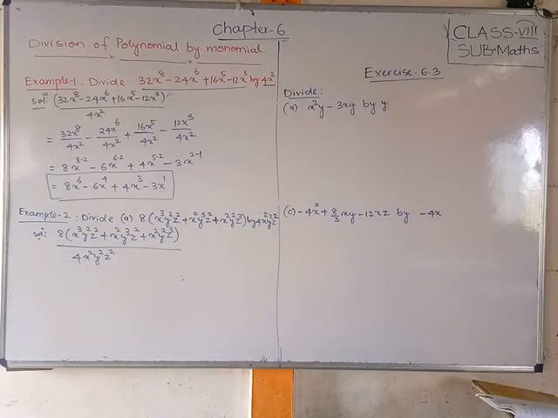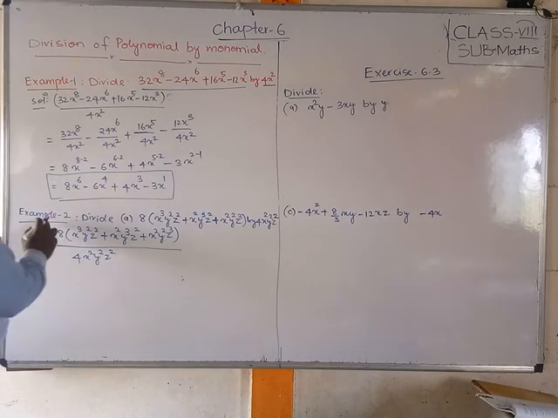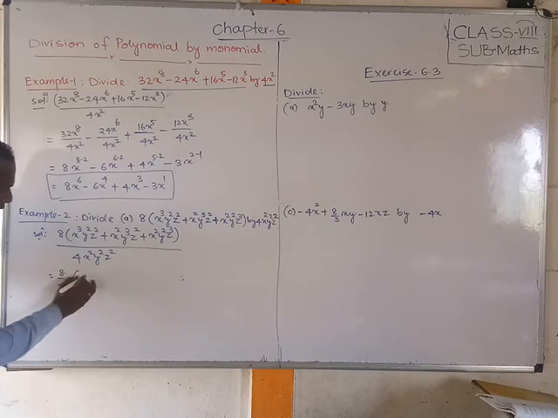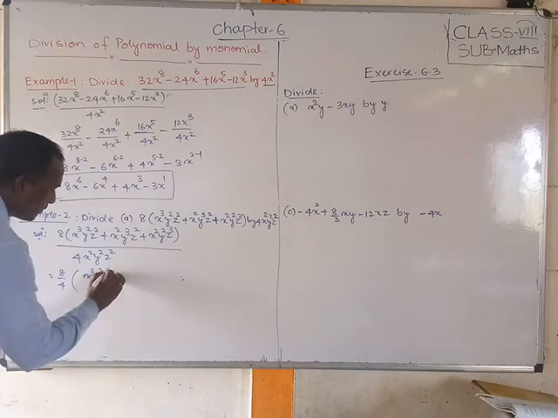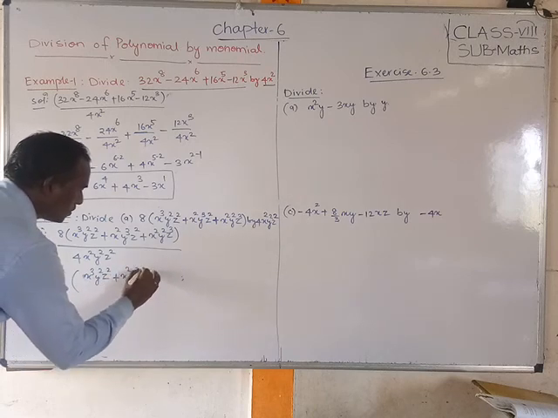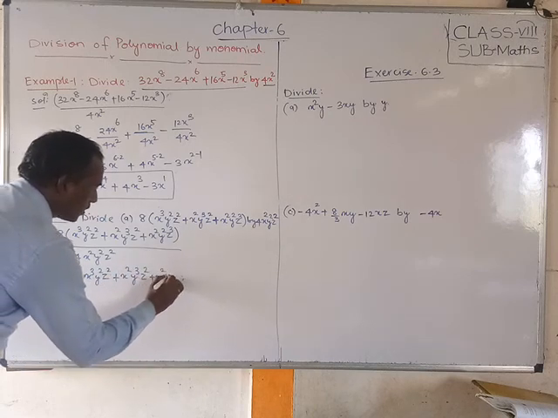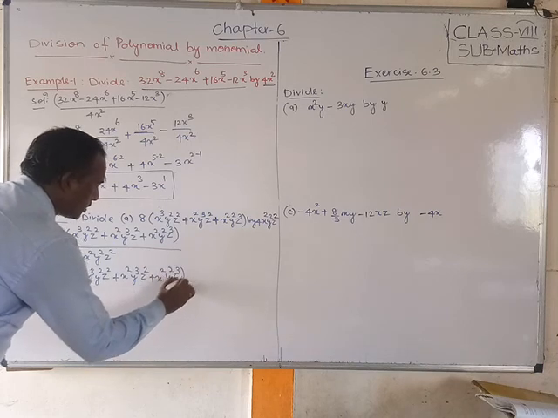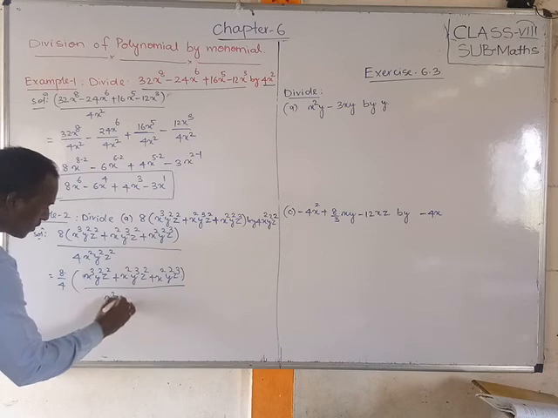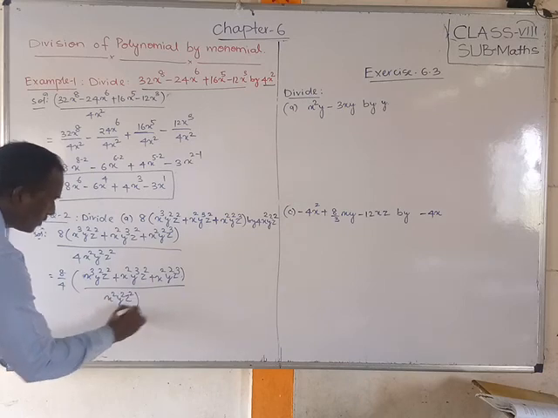Okay students, what do you have to do first? The numerical value first: 8 by 4, we can write it as 2. Then we write x cube y square z square plus x square y cube z square plus x square y square z cube, each divided by x square y square z square.